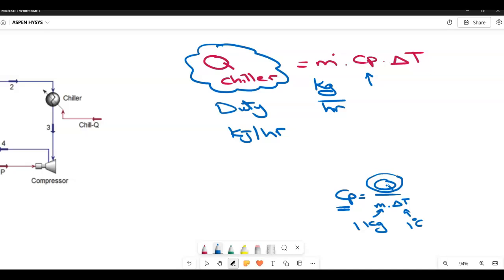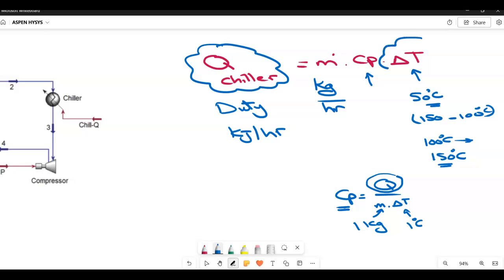Okay, so this is specific for the unit mass. The delta T, this is the difference in temperature. So if I am increasing the temperature from 100 degrees Celsius to 150 degrees Celsius, the delta T in this case will be 50 degrees Celsius, right? This is the outlet, which is 150, minus the inlet. Okay, so this will be 50 degrees Celsius.